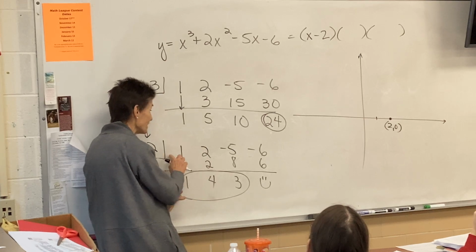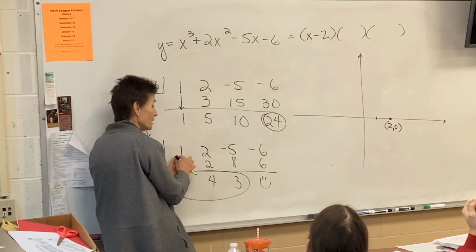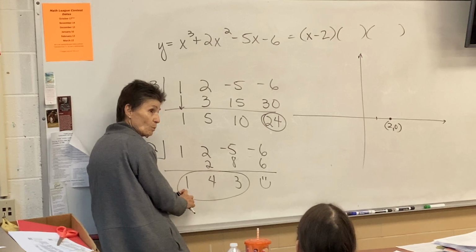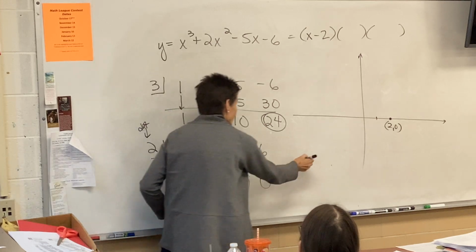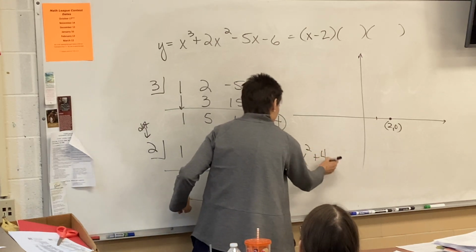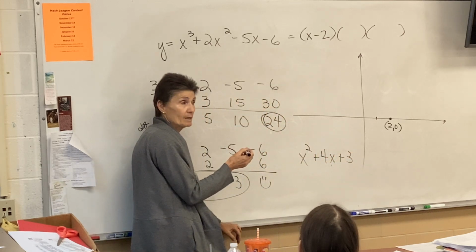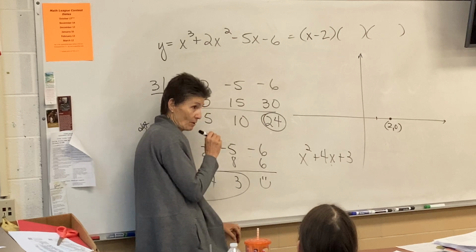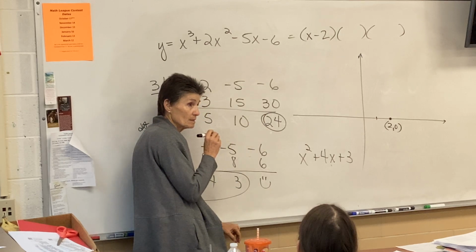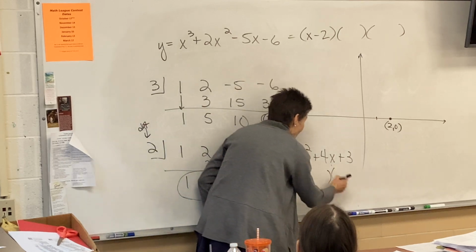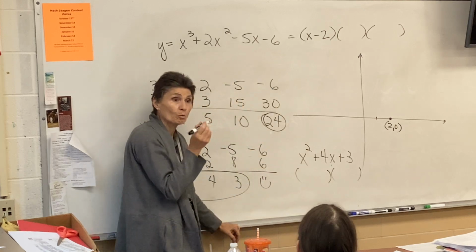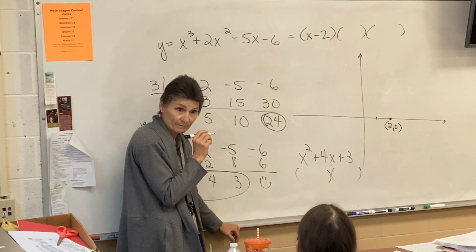If you divide this x cubed, this is what you're left with: x squared plus 4x plus 3. And that is a quadratic that you can either factor or use the quadratic formula on.